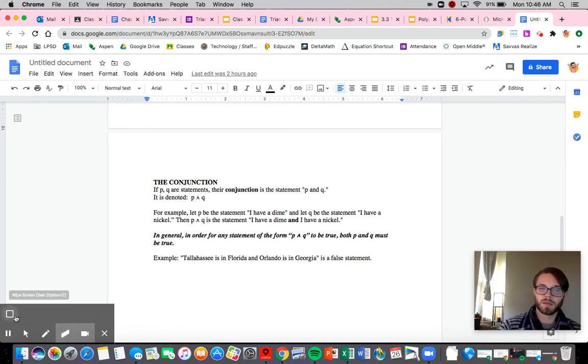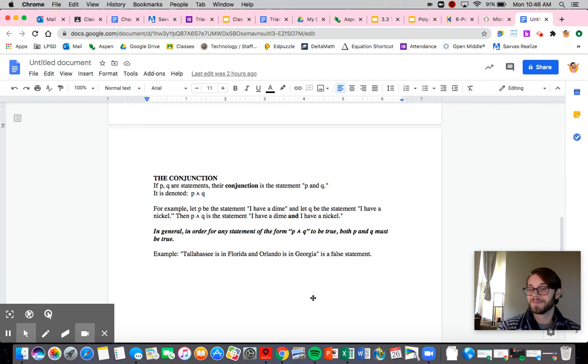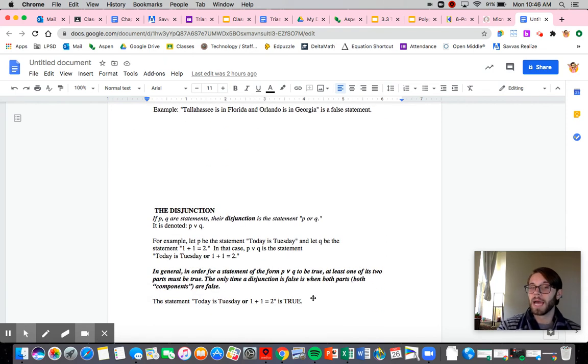Okay. Now, moving on, the or, aka the disjunction. And as a quick reminder, and, or. By the way, you can do compound statements with like P and not Q. That's fine.